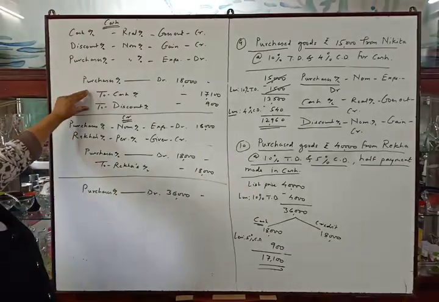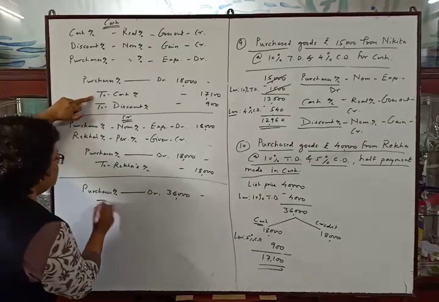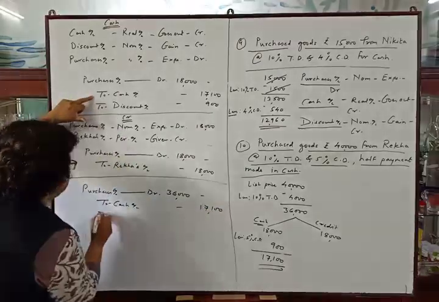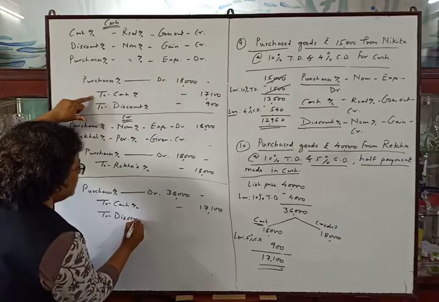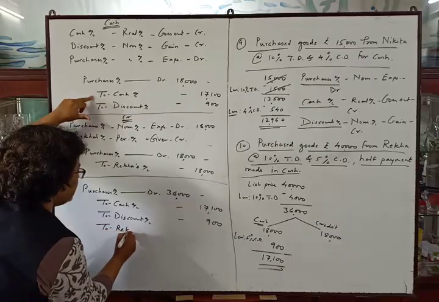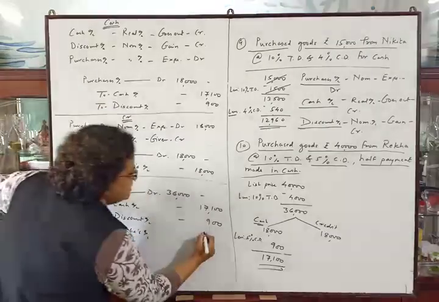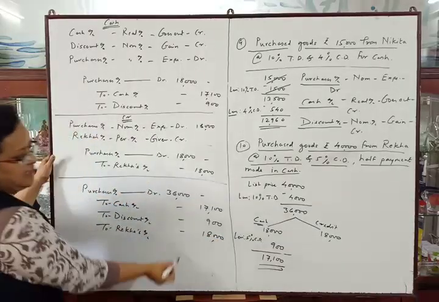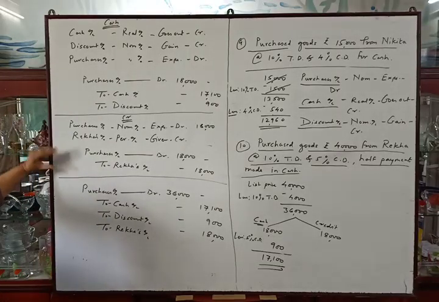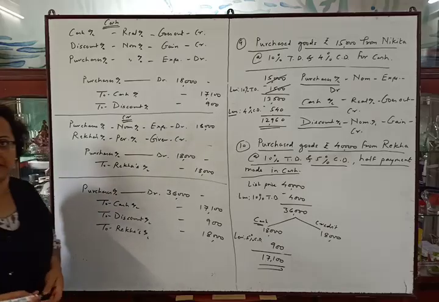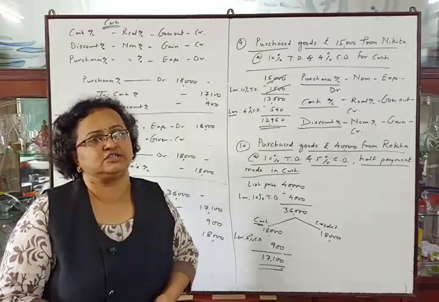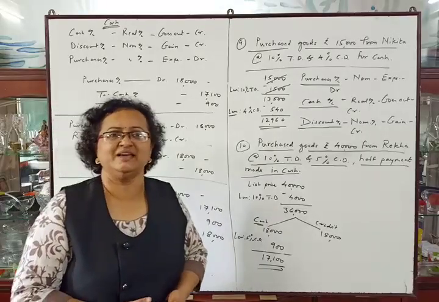Okay, now all these accounts will be credited to cash account 17,100, to discount account 900 and to Rekha's account rupees 18,000. बघा, या क्रेडिटची टोटल डेबिट एवढी होते. अशा तऱ्हेने कॅश ट्रान्झॅक्शन आणि क्रेडिट ट्रान्झॅक्शन याचे एकत्र करून तुम्ही कंबाइंड एंट्री सुद्धा पास करू शकता. ओके, दिस इज अ लिटिल बिट डिफिकल्ट टू अंडरस्टँड, बट वी विल सॉल्व मोर ट्रान्झॅक्शन्स in next lecture. Okay, that's all for today.